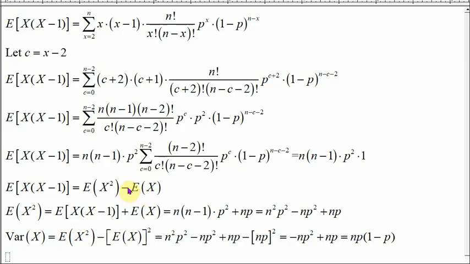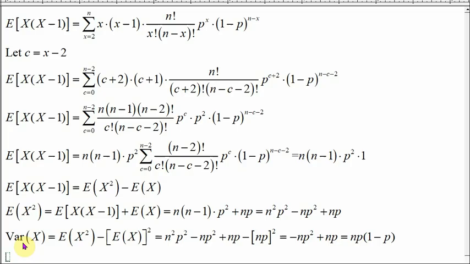And then moving the term expected value of x to the left, we'll get the expected value of x squared is equal to this. And so the expected value of x times x minus 1 is going to be n times n minus 1 times p squared. And then a few moments ago, we saw that the expected value of x is np.